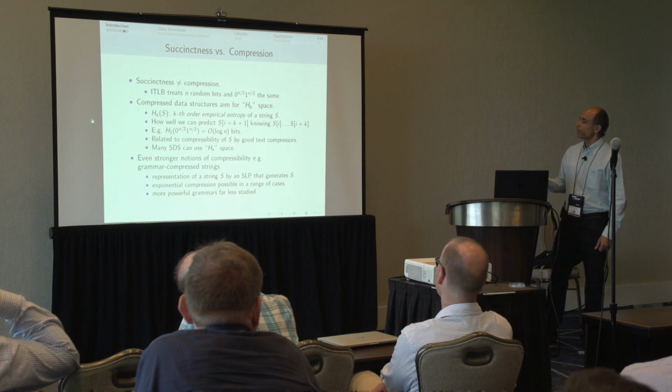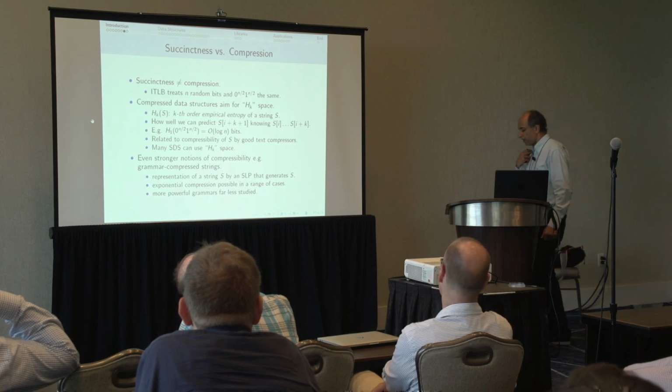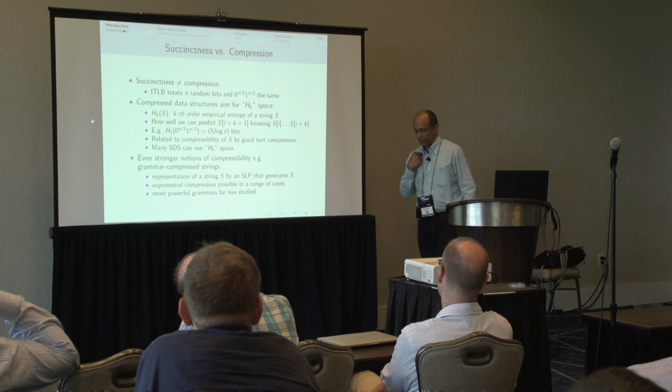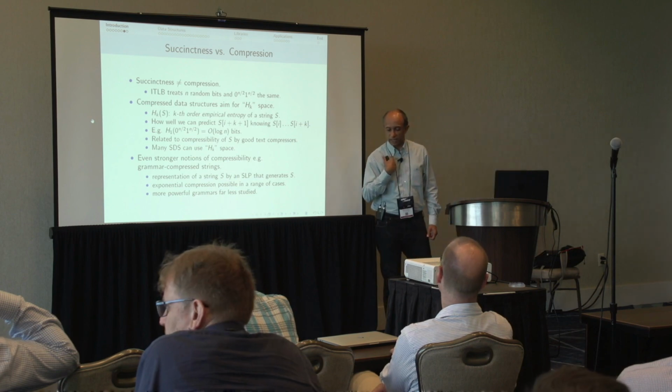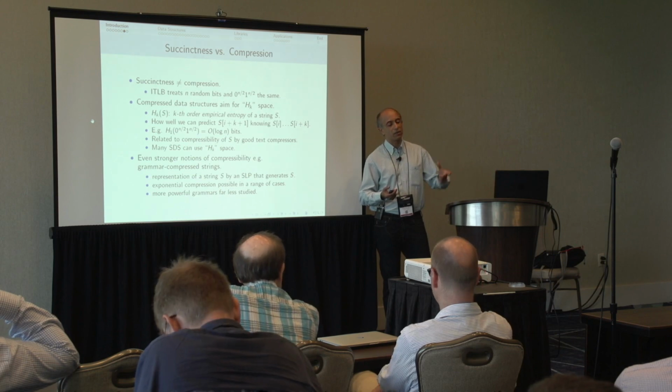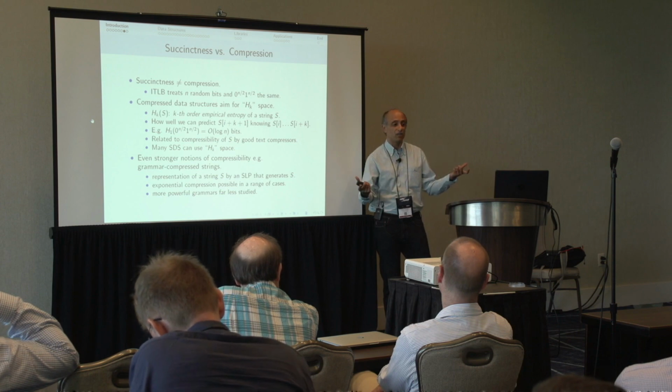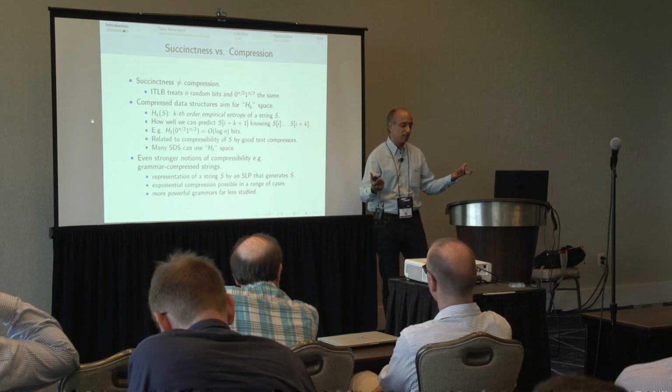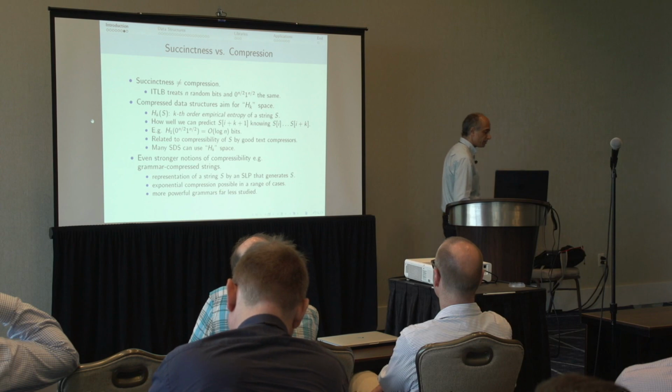Then there's another sub area which is now growing quite rapidly, because kth order empirical entropy doesn't handle things like genomic sequences where, if you want to store one genomic sequence, yes, it is useful, but if you want to store 100,000 genomes, all of which are very similar, then this doesn't capture that kind of similarity.